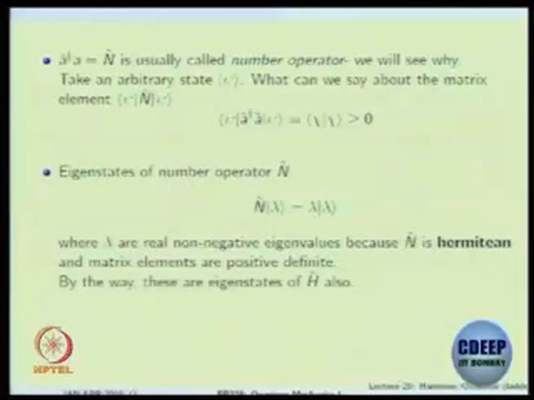This is just to say that the number operator commutes with the Hamiltonian, so they will also be eigenstates of the number operator. Hamiltonian and number operator will share the same eigenstates, and the eigenvalue of the Hamiltonian will be h cross omega times lambda plus half, right?